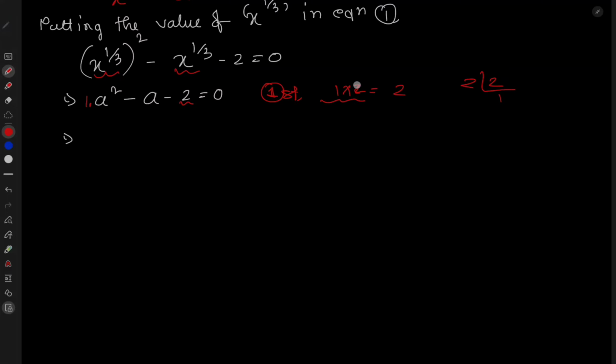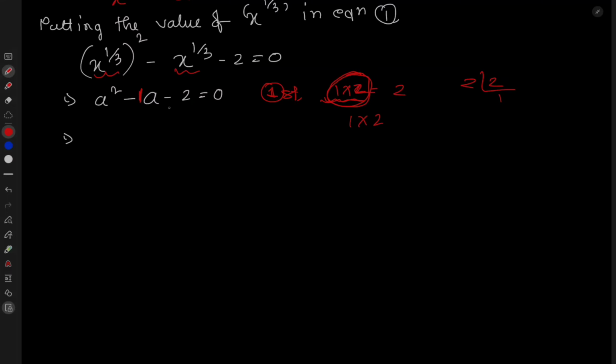So the middle term splitting method tells us that the middle term a has coefficient 1, so we have to find a relation by the factors. We have only one relation of factors, that is 1 and 2.